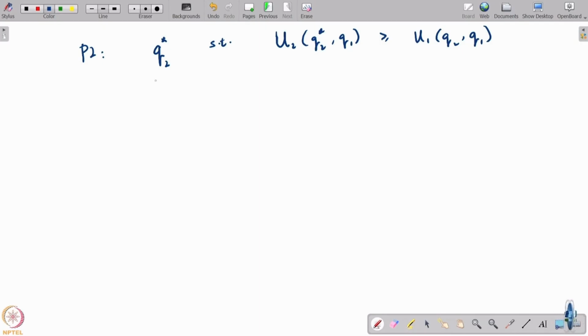Yeah. So, a potential mode of play is what I am writing here. What P2 could do is say, well, I will play a Q2 star that maximizes this expression, and in this expression, what do you observe about Q1? Q1 is not fixed at a starred value. So, this is just some value of Q1.